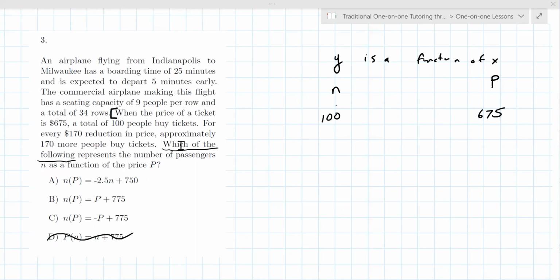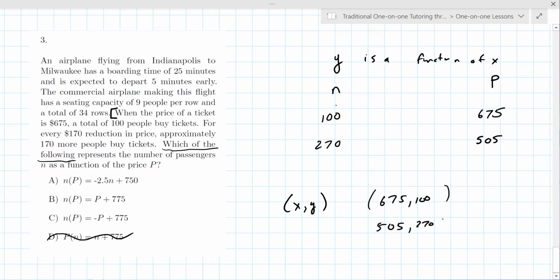So the other one isn't actually given. They're saying that if you go down by $1.70, so for example, 6.75 minus 1.70 is 5.05, 170 more people buy tickets, so that goes up by that amount. The idea is that you can create these ordered pairs, x, y. P is your x, so it's 6.75, comma 100. And the other one would be 5.05, comma 270.